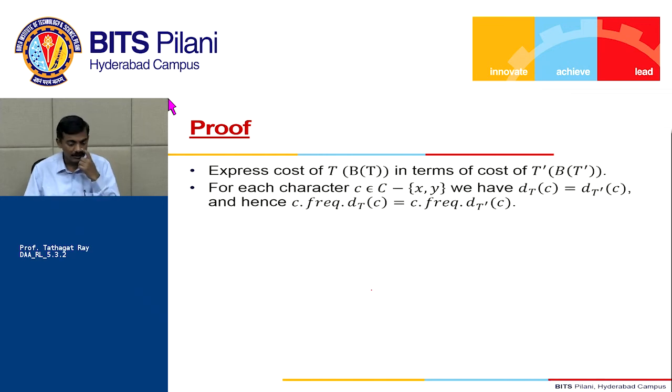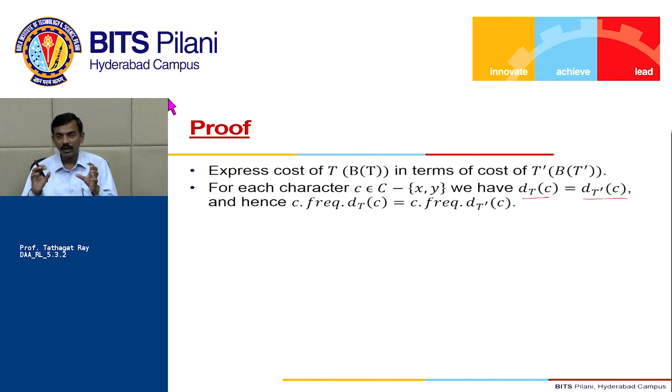Now for each character c in C minus {x, y}, which is nothing but C', we have d_T(c) equal to d_T'(c). If I look at how T is built, we started with T' and just added, wherever z comes, these two nodes x and y as children.